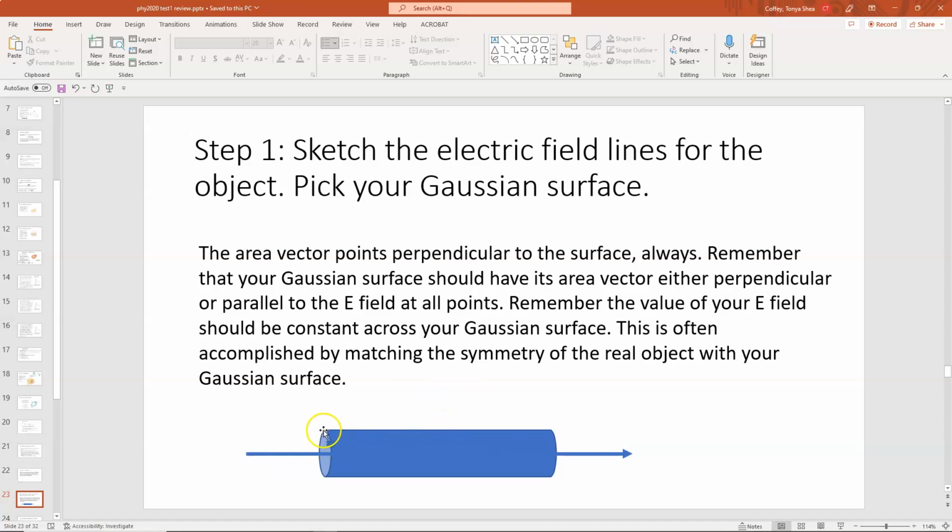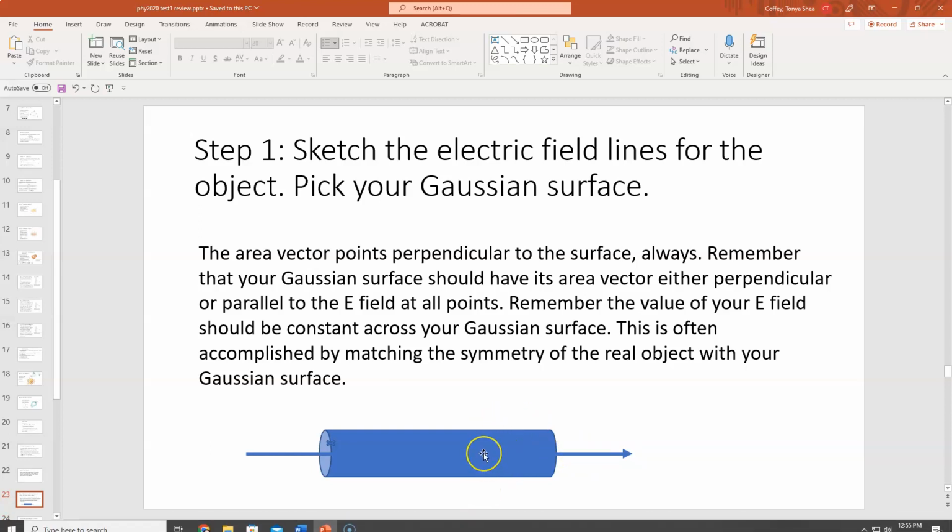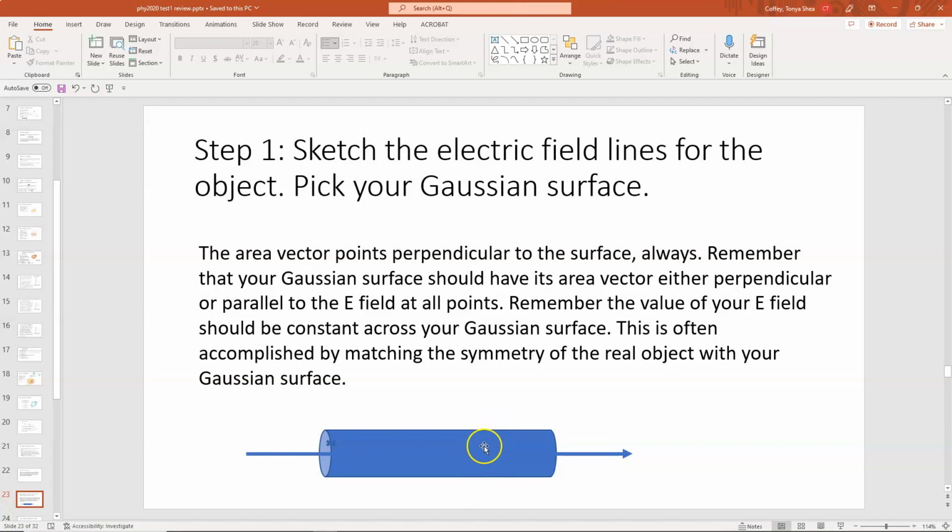And so your Gaussian surface here is going to have an area vector that is in the same direction as your electric field for the curved surface of the cylinder. For the end caps of the cylinder, the electric field is perpendicular to the area vector, and that means the cosine theta term will go to 0. Since the symmetry matches, that gives that nice cosine of theta being 0 or 1 situation.